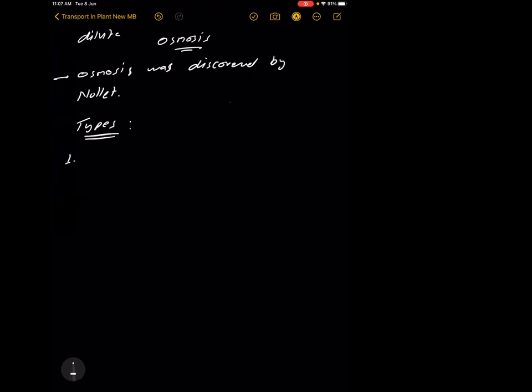First is endosmosis and second is exosmosis. Endosmosis means absorption of water by the cell, or you can say entry of water molecules into the cell sap. Exosmosis is the exit of water molecules from the cell.